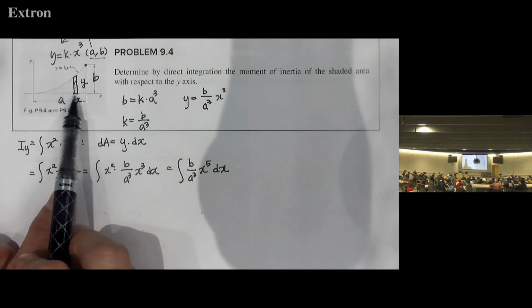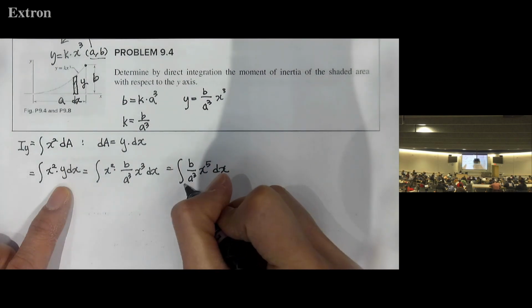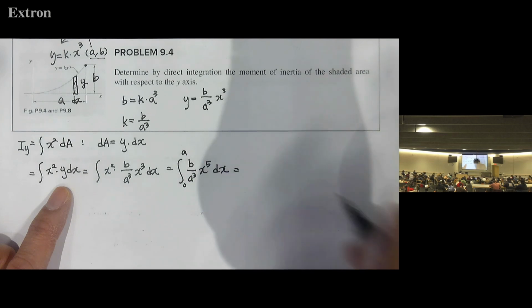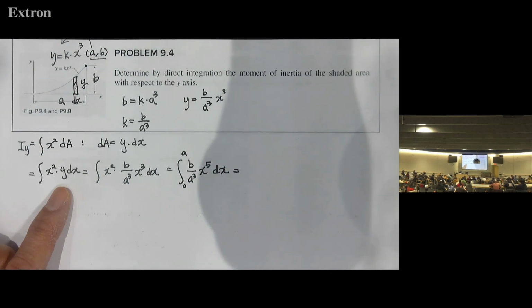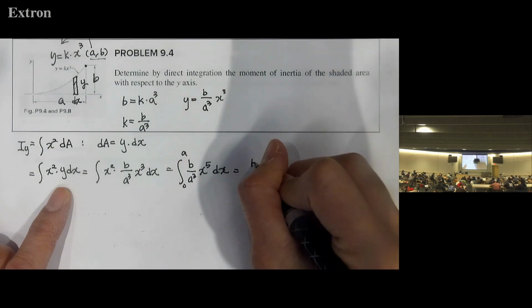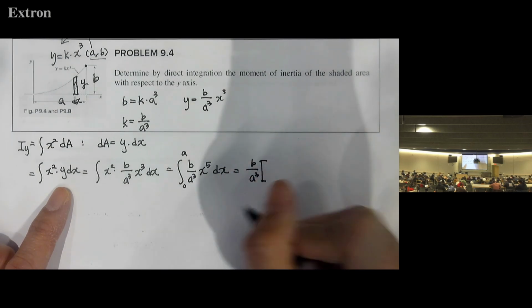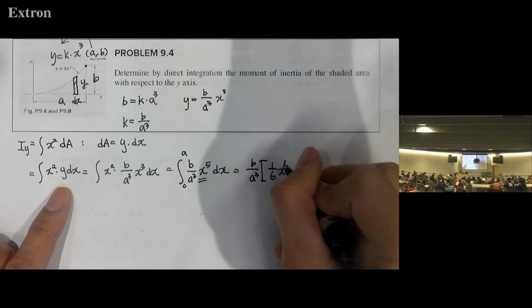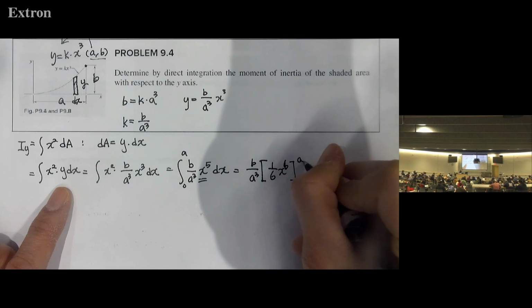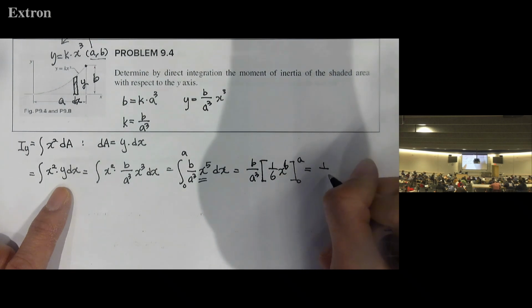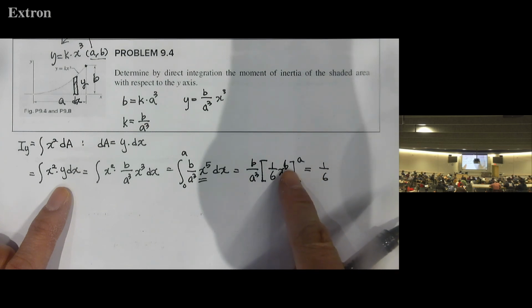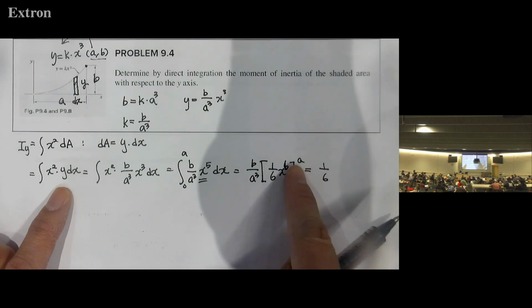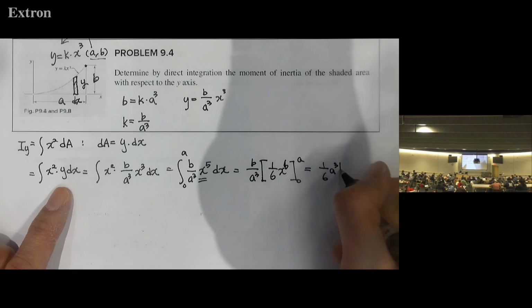Between 0 to a. Right? So I think this is the easiest integration. So b over a cubed, and then x to the fifth, so 1 over 6, x to the 6, from 0 to a, so answer should be 1 over 6, a to the 6, and then a to the 3, so a cubed is gone, so a cubed b.